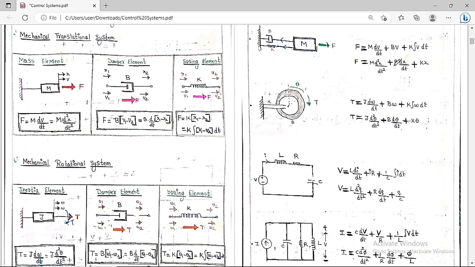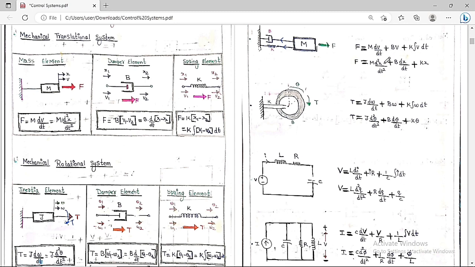Again, here the damping coefficient is analogous to resistance, which is analogous to conductance, the reciprocal of resistance. Similarly, here K, the spring constant, is analogous to 1 by capacitance, and it is analogous to 1 by inductance, meaning the inverse of capacitance and the inverse of inductance.